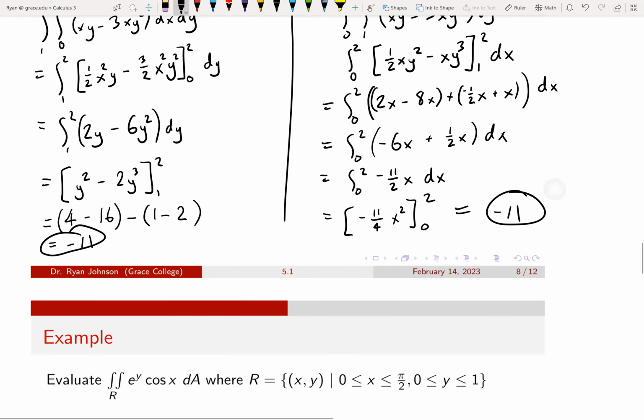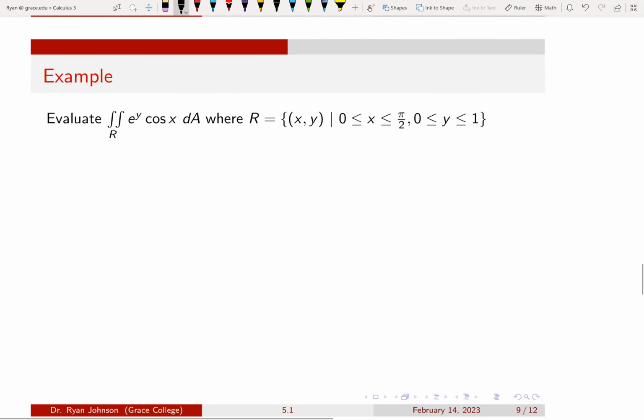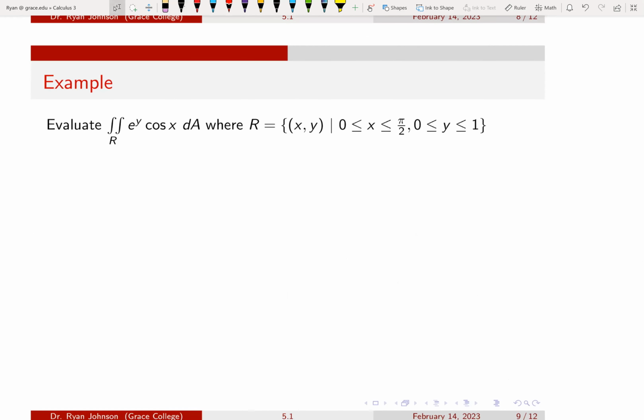Okay, so let's do another example. Here, I've got the double integral of e to the y cosine x, where x is from 0 to pi over 2, y is 0 to 1. So again, I'm going to do it both ways. Here, I'm going to do e to the y cosine x, and I'm going to do x first, dx dy.